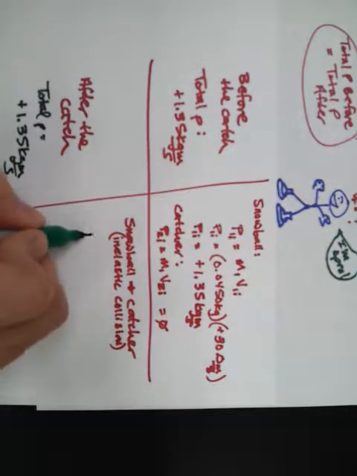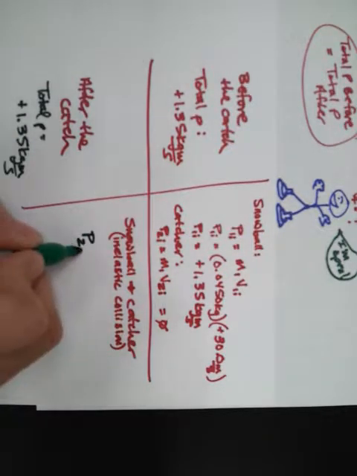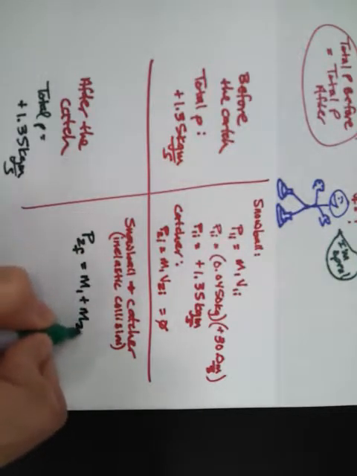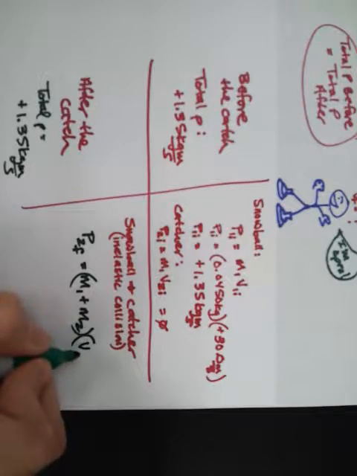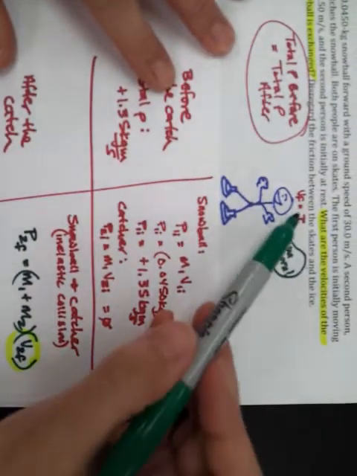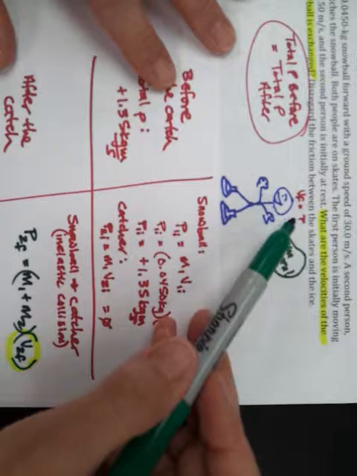So the final is really M1 plus M2 times their combined velocity, which is really what we're looking for, because we're trying to figure out how fast this guy is moving, right? That's our ultimate goal, is to find his velocity. Now, his velocity is going to be determined by his mass and the snowball, and the snowball is fairly negligible. It's a really tiny mass, but we add it up anyway.